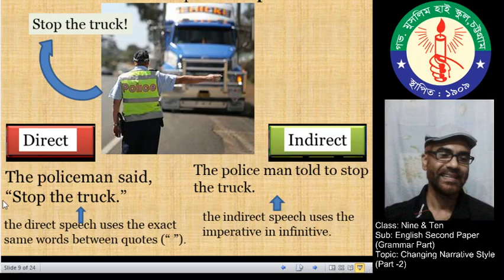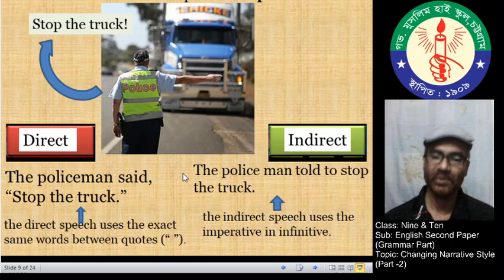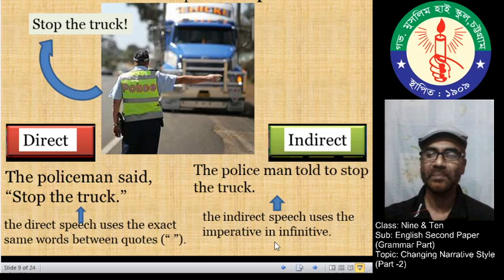The indirect speech for this can be, the policeman told to stop the truck. The indirect speech uses the imperative in infinitive, to stop.